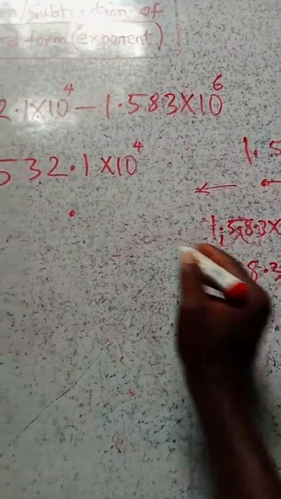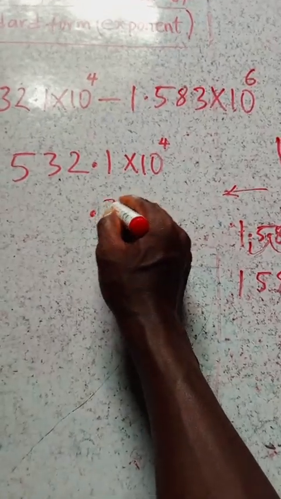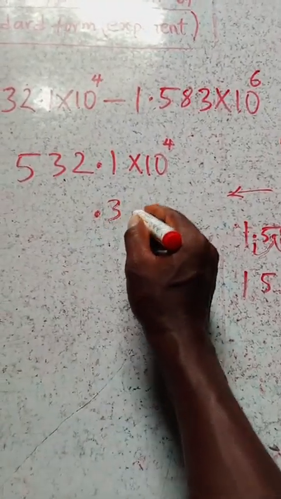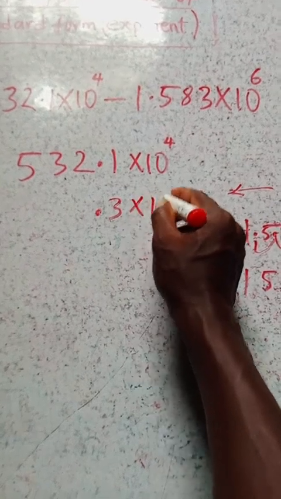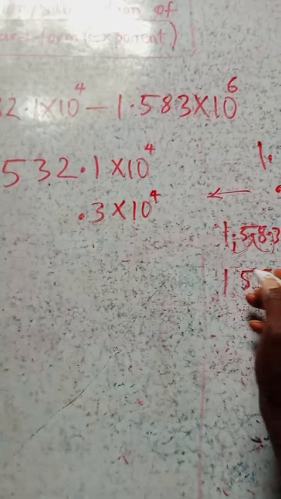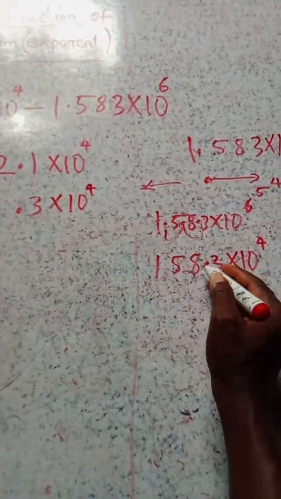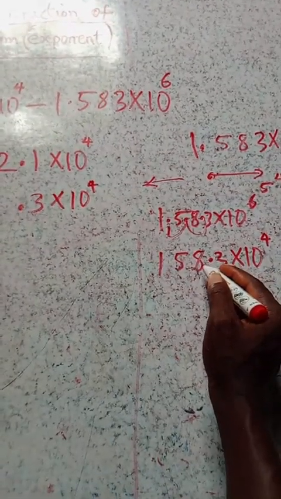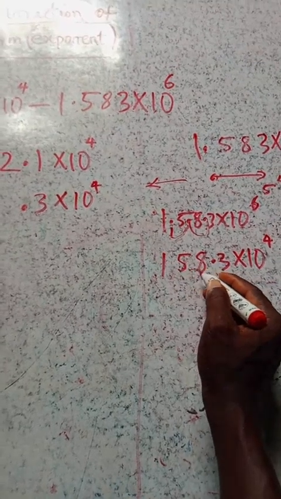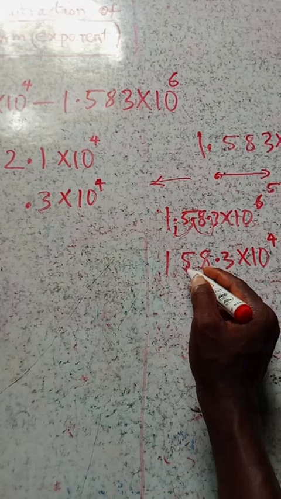The next value after the decimal point is 3, times 10 now raised to power 4, while the rest of the numbers before the decimal point are 8, 5 and 1.